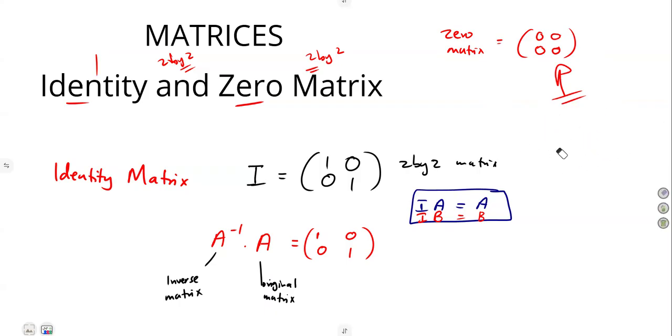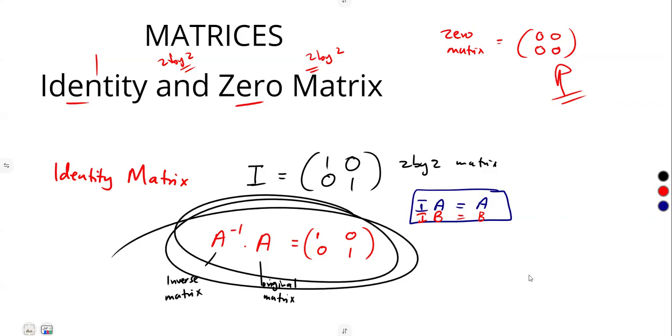So these are the properties that I want you to understand in your syllabus, and we're going to continue with them. Knowing them is important because we are going to be solving simultaneous equations later on. If you understand these properties, those simultaneous equations will be easier to solve using matrices.